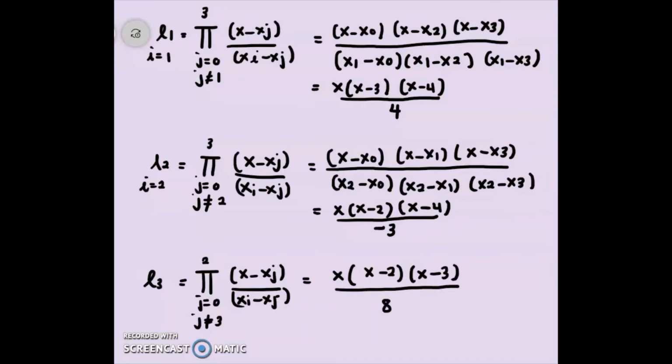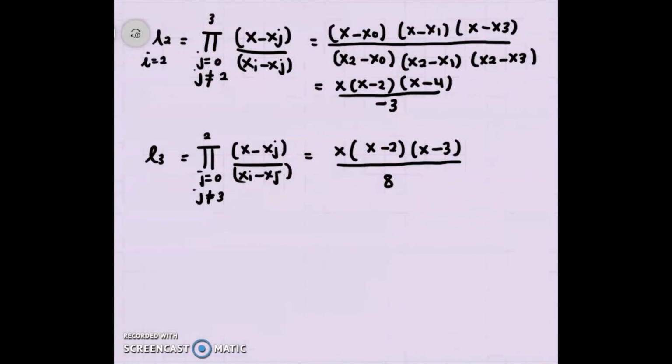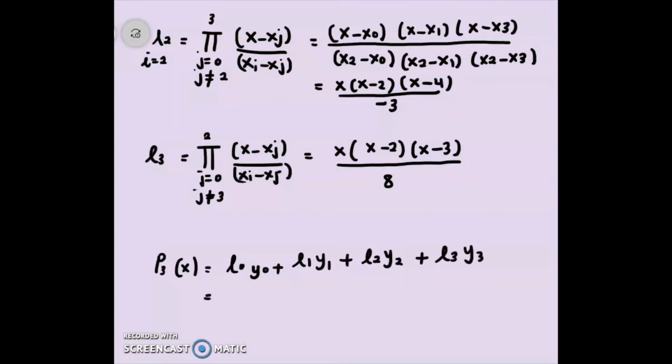Okay, now since you have found all these values, you can substitute. So this one will be L naught y naught plus L1 y1 plus L2 y2 plus L3 y3.